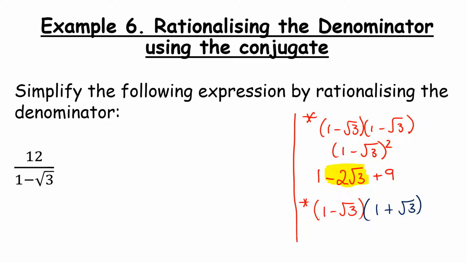So if you multiply that out, we end up with 1 minus root 3 plus root 3 minus 3. And the root 3's cancel, and I'm left with minus 2. So we're left with a lovely rational number. So it's important to note that squaring won't work. Instead, we have to use what's called the conjugate. So to get rid of that bottom line, I'm going to multiply it by 1 plus root 3.